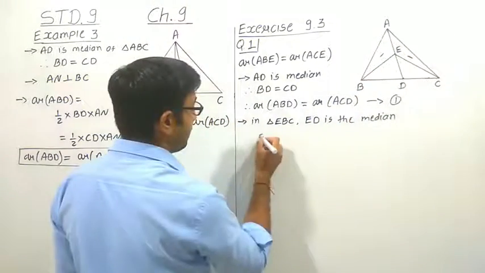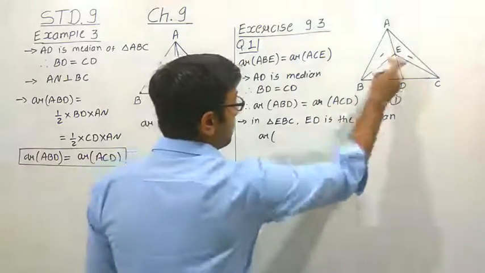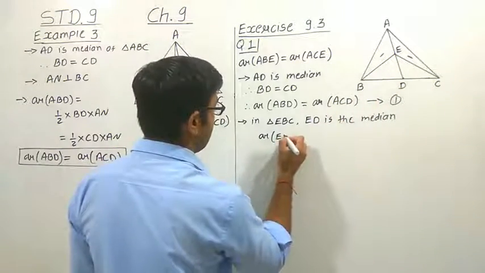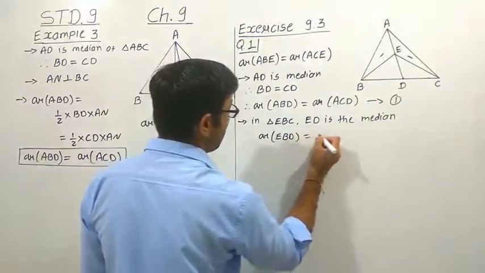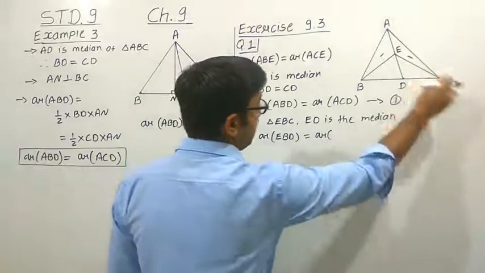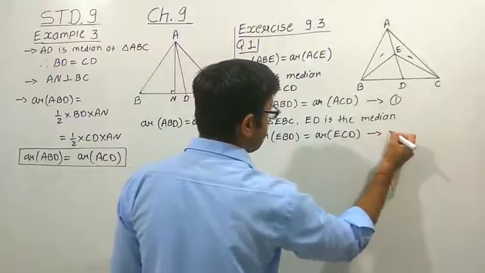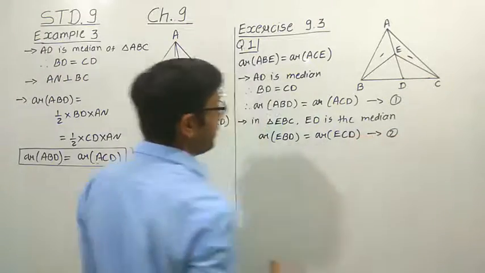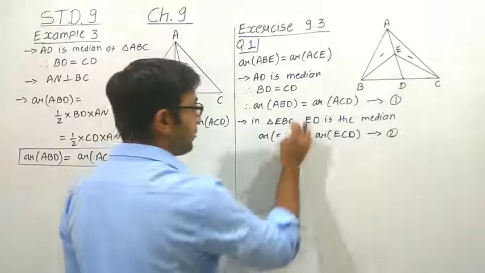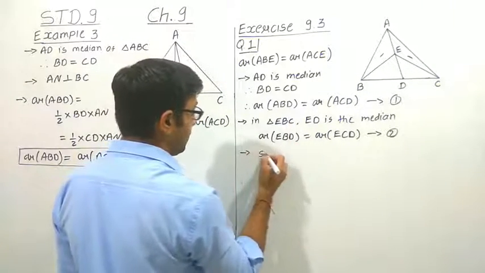So we can write down that area of triangle EBD is equal to area of triangle ECD. Give it the equation number 2. Now, if we subtract both these equations, what do we get?